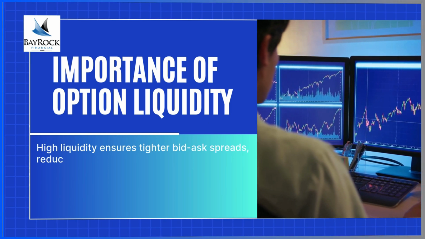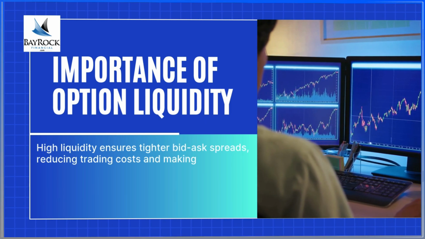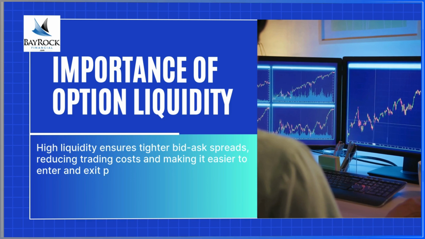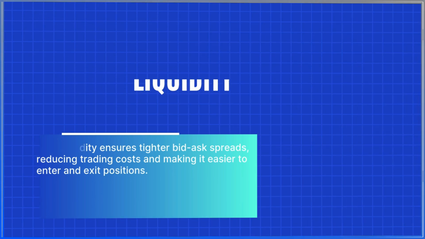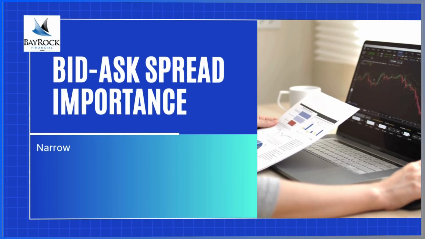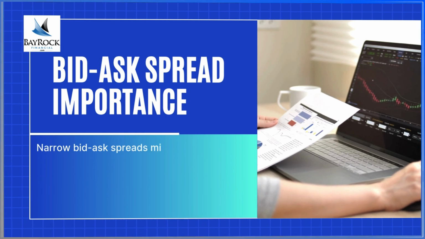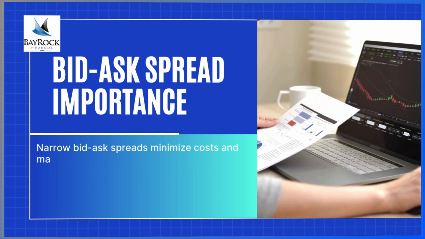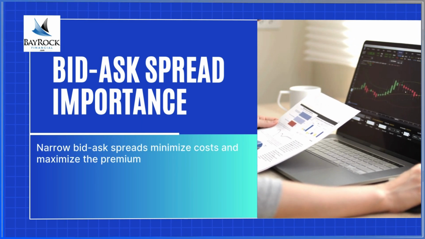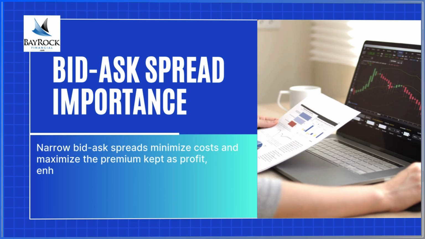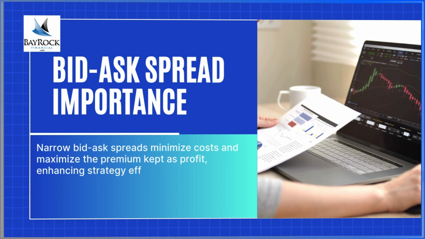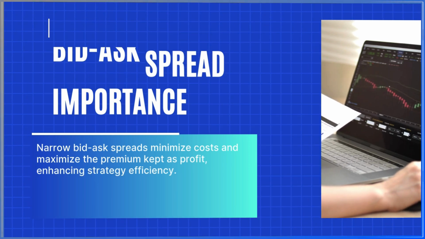Option liquidity, you got to see that as I showed you what options are trading on these stocks. It's hugely important, and I don't want to mess with anything that doesn't have lots of liquidity. The bid-ask spread, remember, we're looking for 1 penny. A penny is what we're looking for. So that is hugely important.